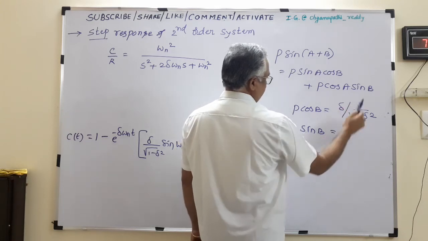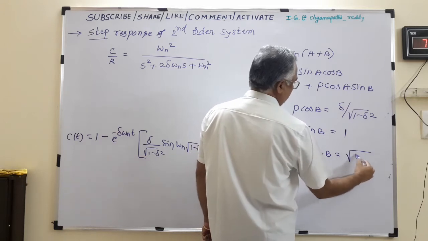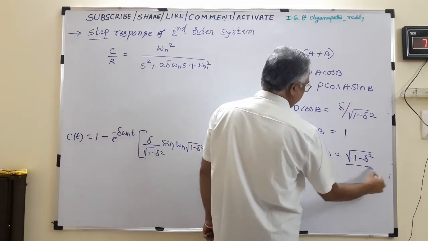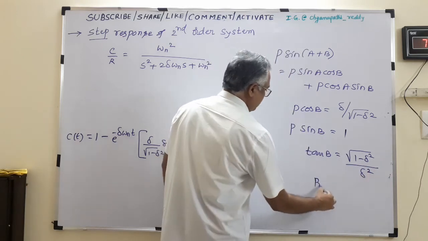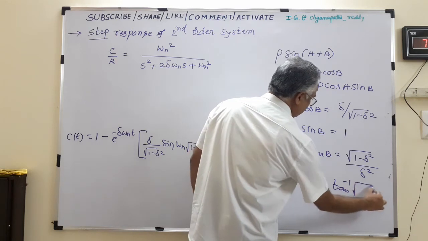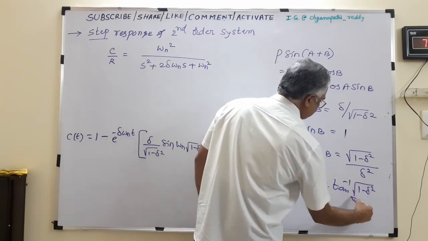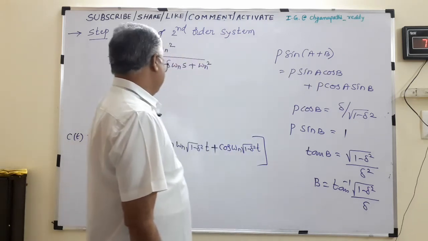This by this by this. So you will get root of 1 minus delta square by delta. So b is what? Tan inverse root of 1 minus delta square by delta. That is b.